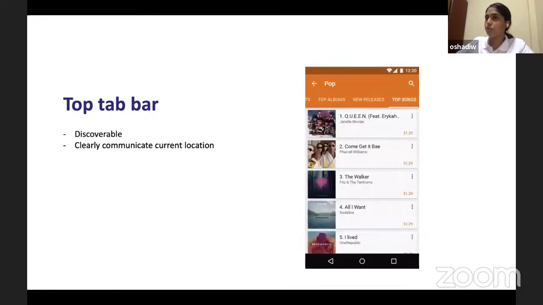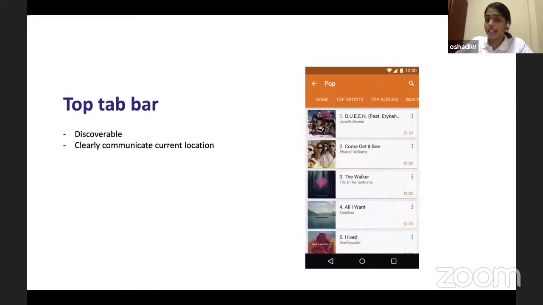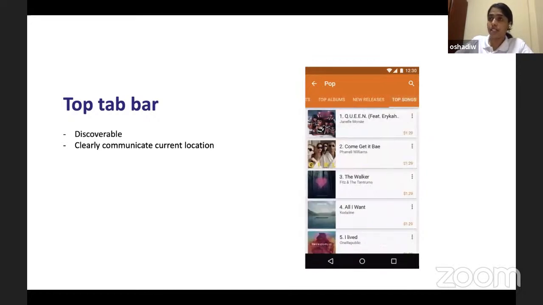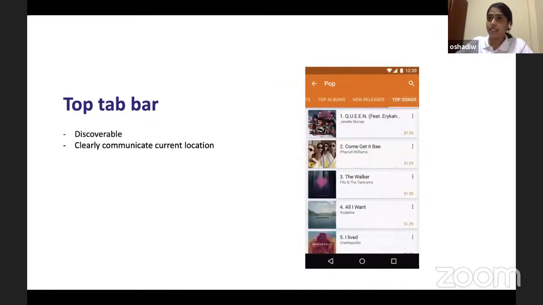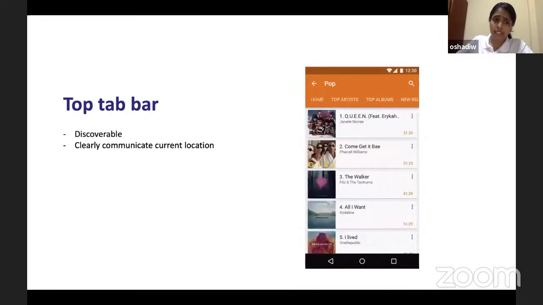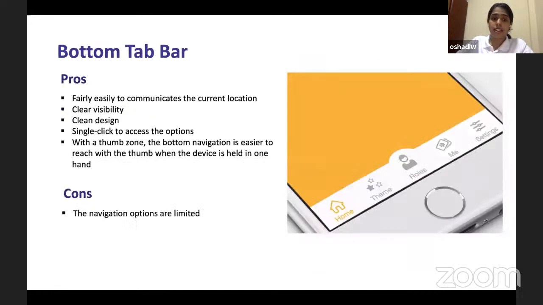But if there are too many icons, we still can't handle it in the top tab bar either, because we have to scroll and see the things. If there are too many options, then you can still have the hamburger menu, but this is also another option you can take for navigation, and it's discoverable and clearly communicates the current location as well.